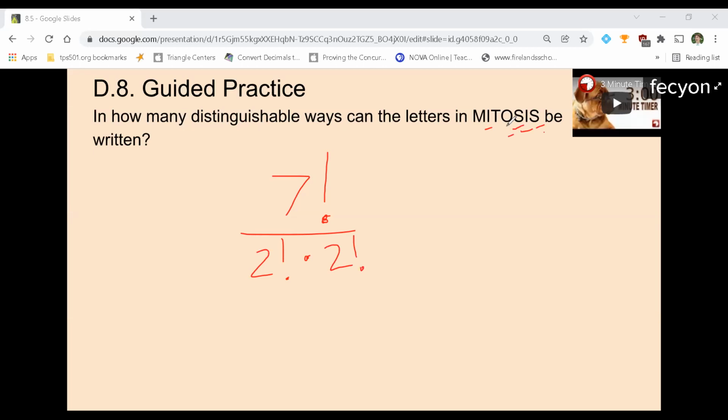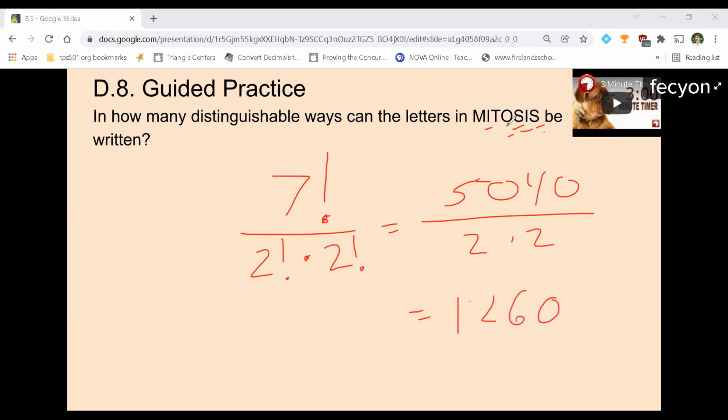So then that is 5,040 divided by 2 times 2, which is 1,260 words. Okay with that?